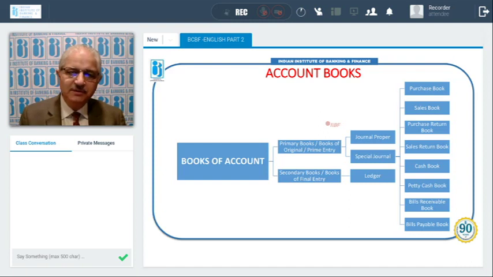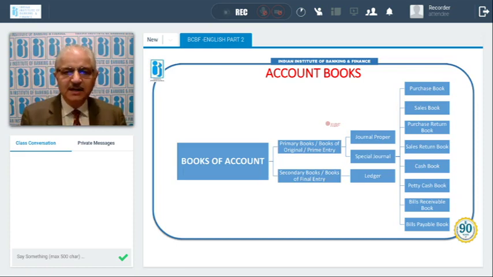So debits will always be equal to credits. Like we discussed, when we are spending on salaries, we debit the salary account and credit the cash account. Whatever my expenditure is, the same amount is paid in cash. So debits will always be equal to credits.